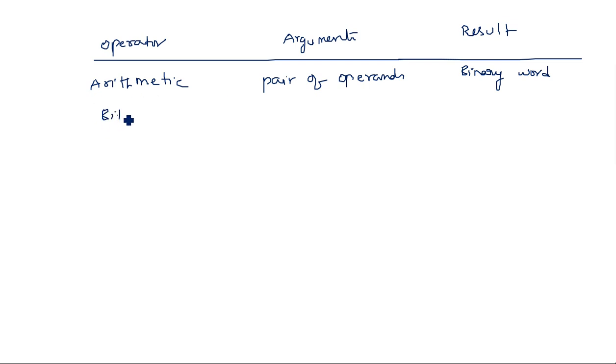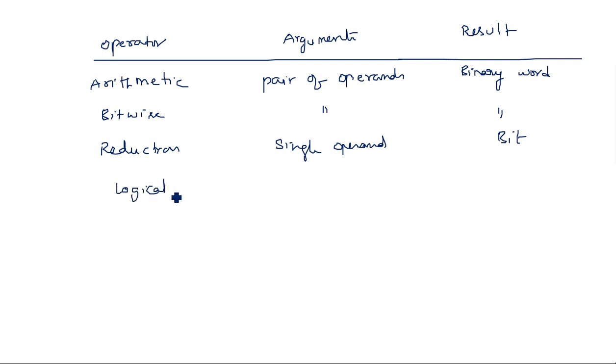For the bitwise operator, here also a pair of operands and the result is a bitwise word. Next, the reduction operator needs a single operand, because it performs on a single operand only. The result is a single bit because we are reducing the size of the word.